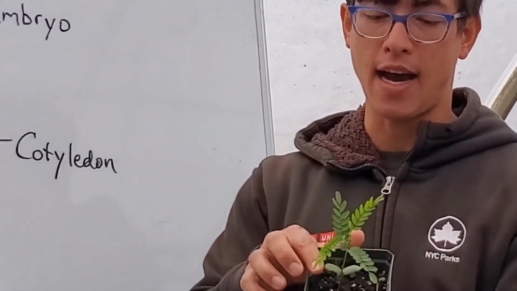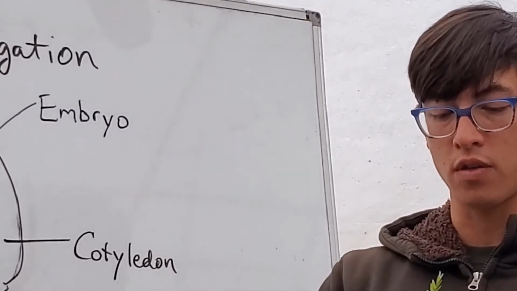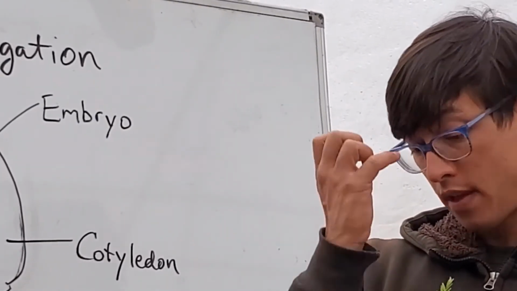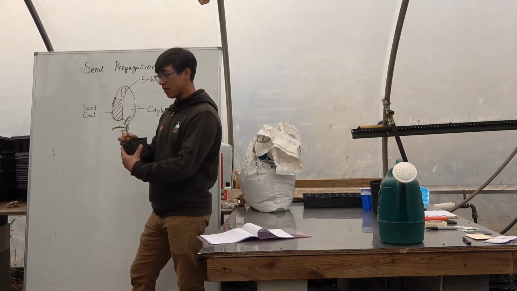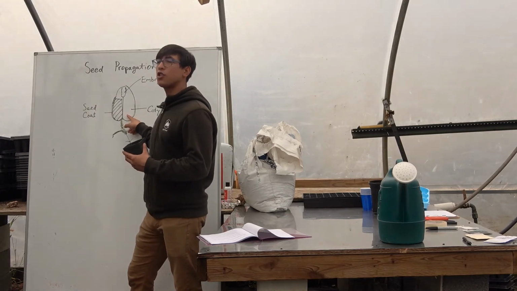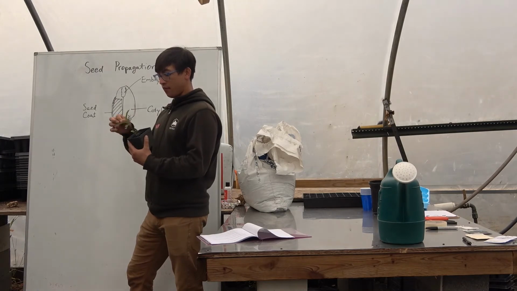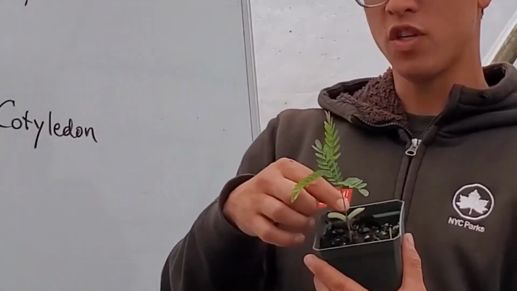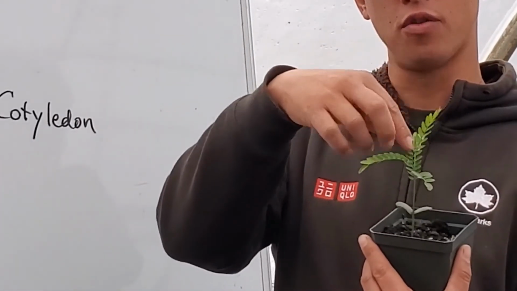This is a dicot, obviously, and this was once the food storage structure, but now it's actually a photosynthetic structure. It started out as a cotyledon, which is full of starch and oil and protein, and which fed the embryo, which grew and had buds that grew out into the true leaves.